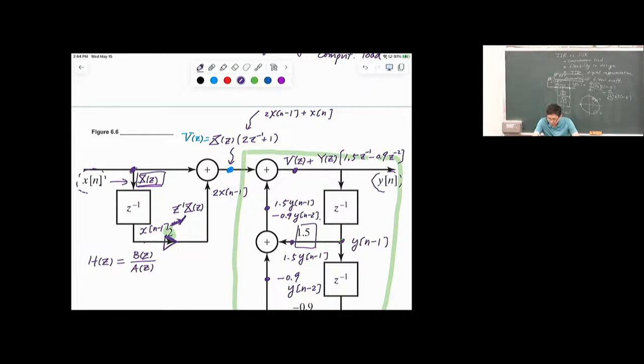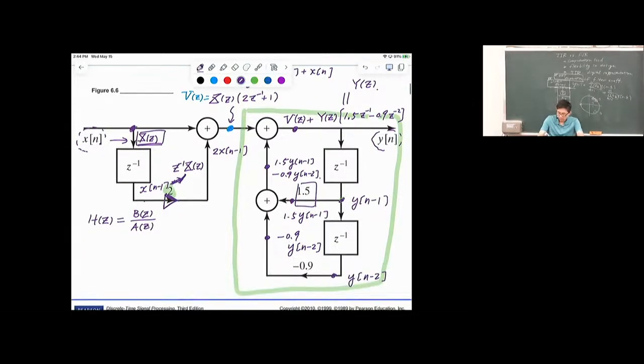But this equals Y of z in the z domain. Therefore, we can organize this. We have Y of z equals itself times 1.5 z inverse minus 0.9 z to the minus 2.